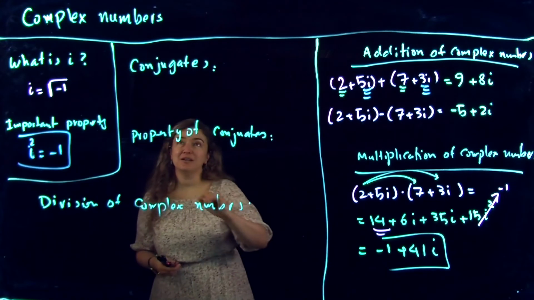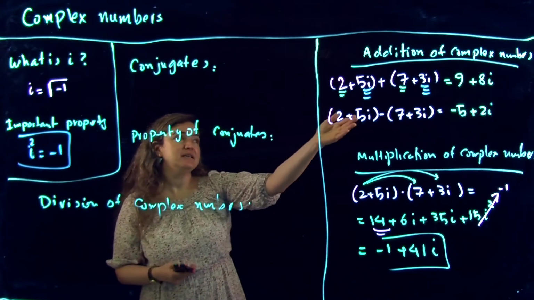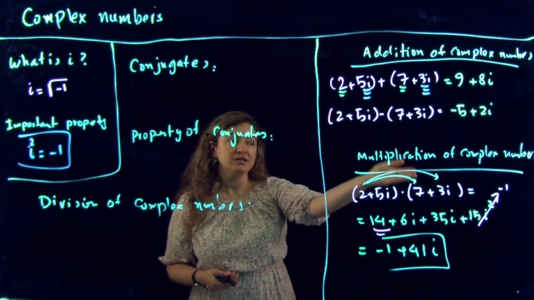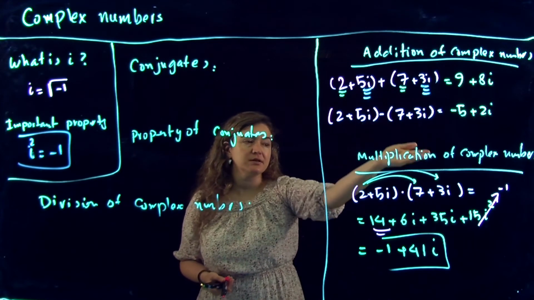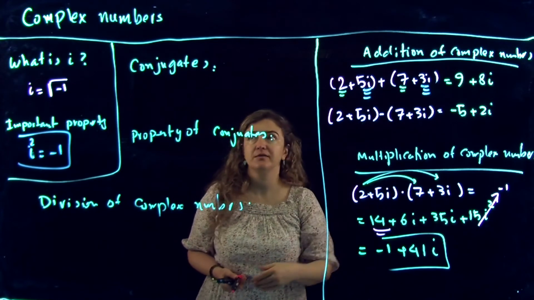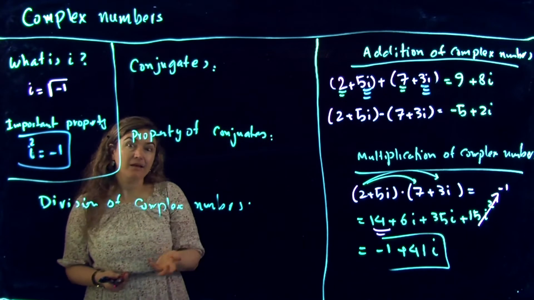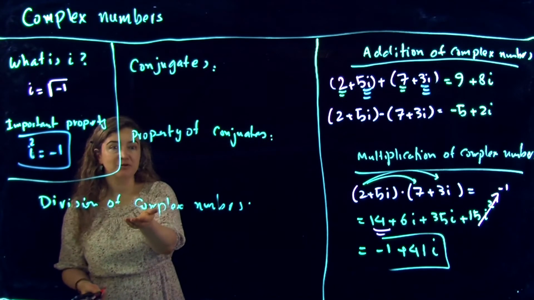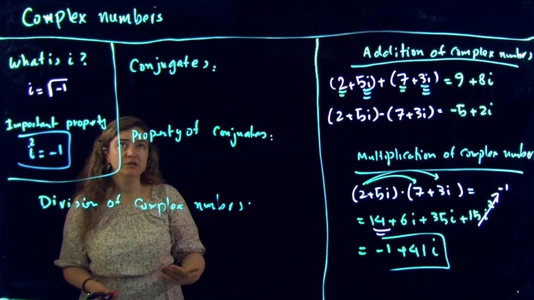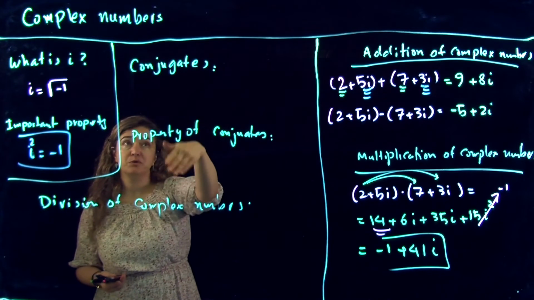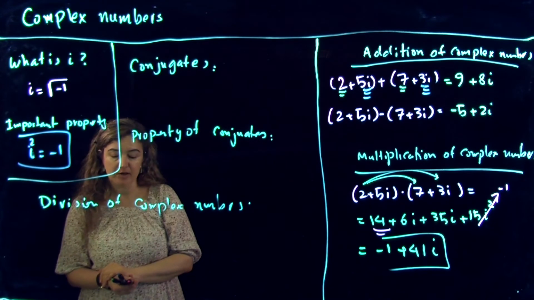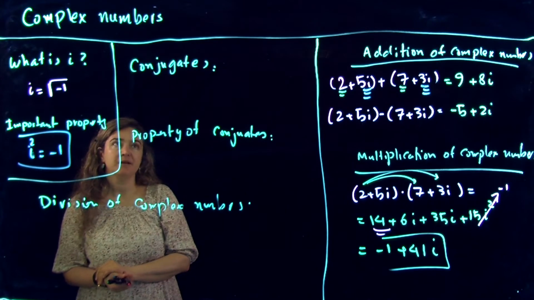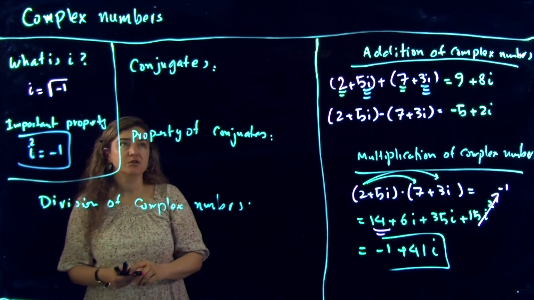So we're continuing with complex numbers. We did a few operations on complex numbers: addition, subtraction, and multiplication. Next thing that comes to mind is we should be able to do division. But before doing division, we want to introduce a few concepts. First concept is the conjugate.